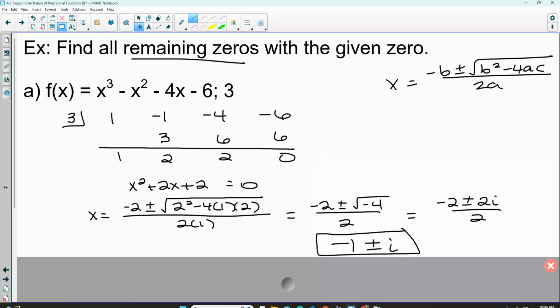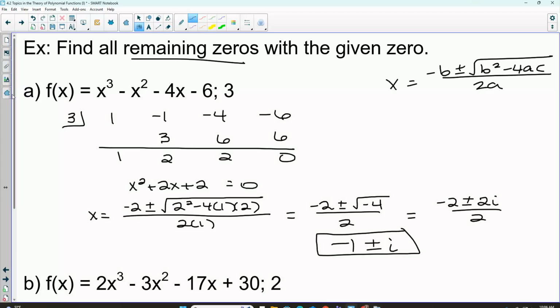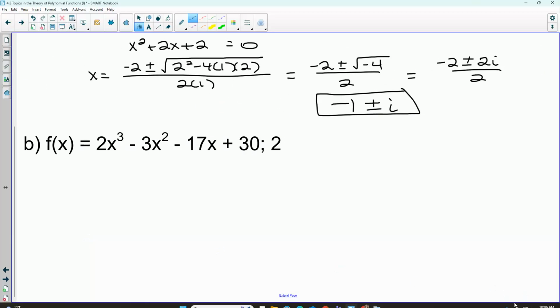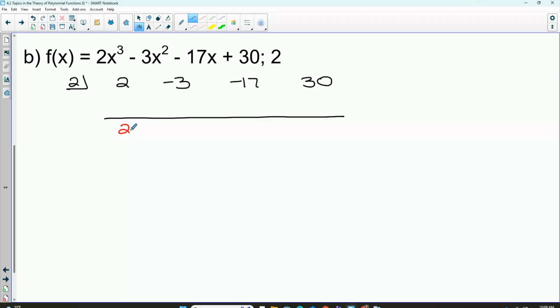Can you guys try one of those? You may or may not need the quadratic formula. It's not guaranteed on this, but if it doesn't factor nicely, you can use it. Alright, so after we did synthetic, we have 2x squared plus x minus 15.